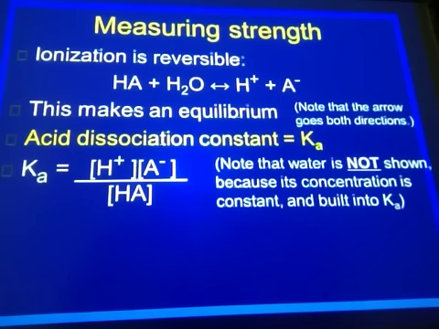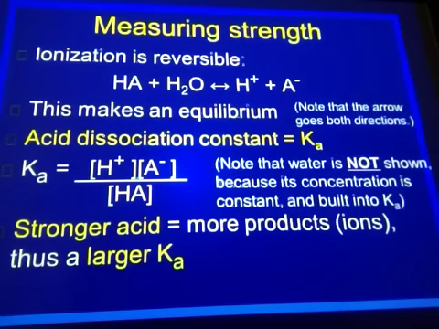So we have created something called Ka, which is called the acid dissociation constant. And Ka is how we can figure out exactly the measure of the strength of a weak acid. And that's going to be dependent on the products that are made and then that reactant that's in the water.